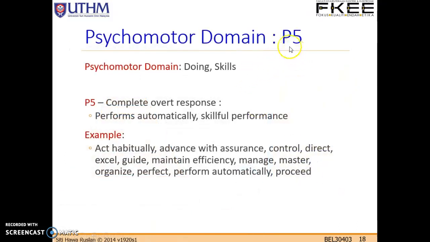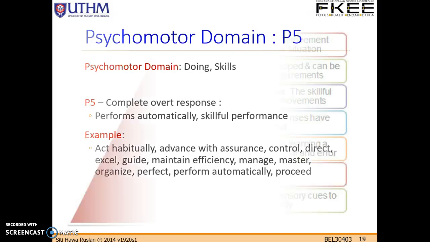And then psychomotor is P5, doing scale, and P5 is complete overt response, perform automatically, skillful performance, meaning that when you're doing your assignment later on, I will assess you based on how you use the simulation software, and how you use all the equipment in the lab to measure the input, output, and so on, using the oscilloscope, multimeter, power supply, and so on.